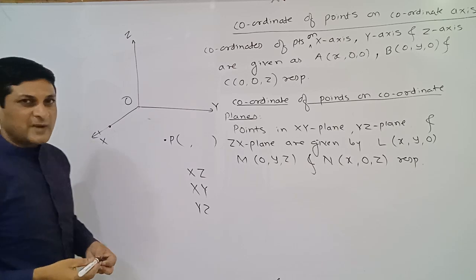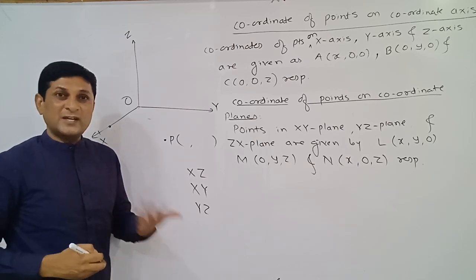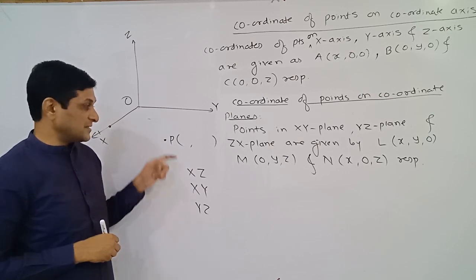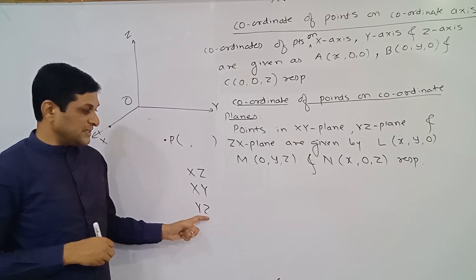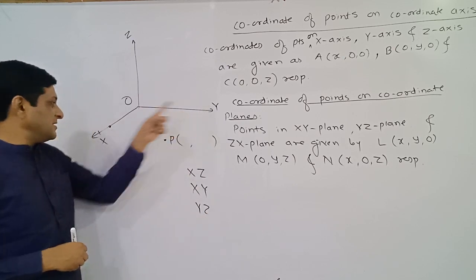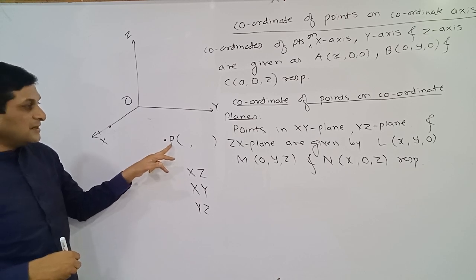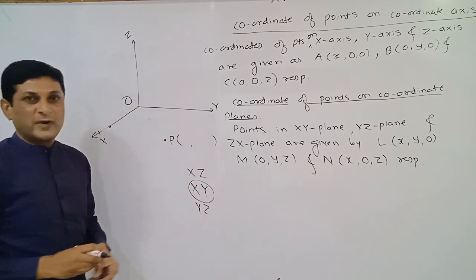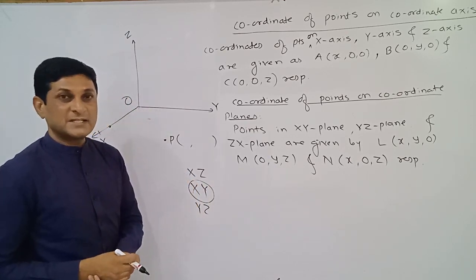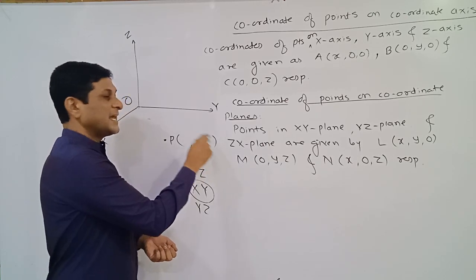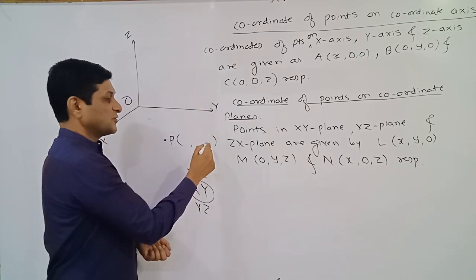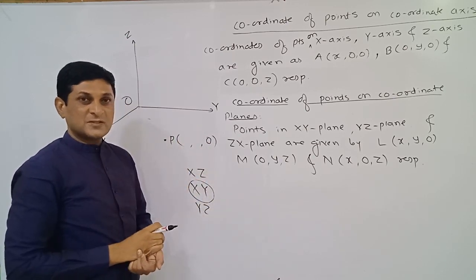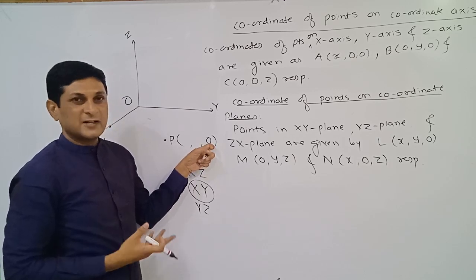Now what is the definition of the x coordinate? The x coordinate is the distance from the YZ plane. And the distance of a point from the xy plane is nothing but the z coordinate. But the point already lies in the xy plane, so the distance from the xy plane will be 0 because it lies in that plane. That's why we can say that the z coordinate is 0.